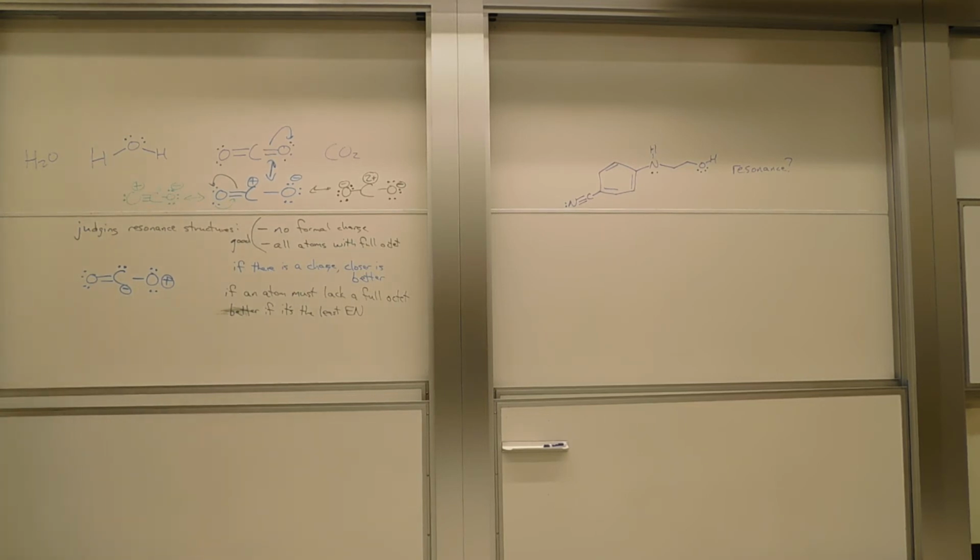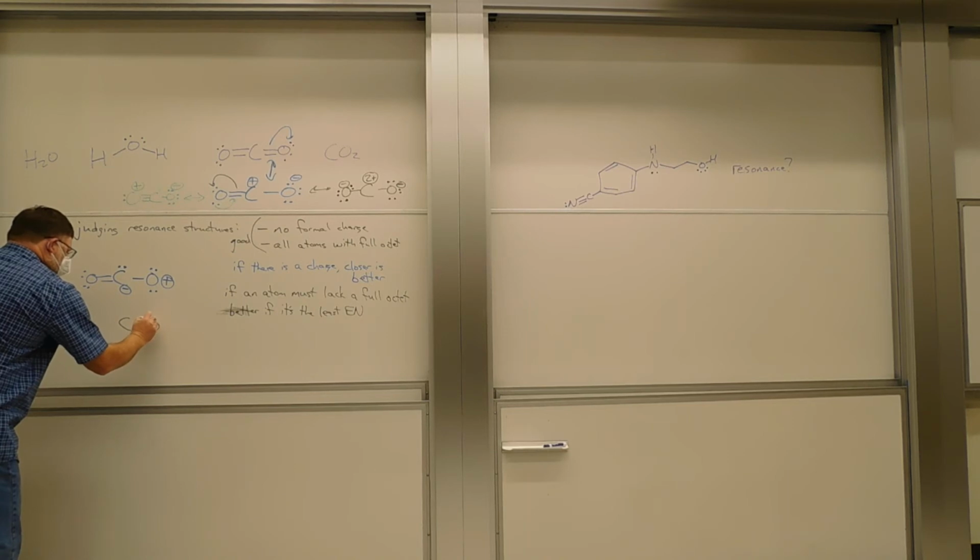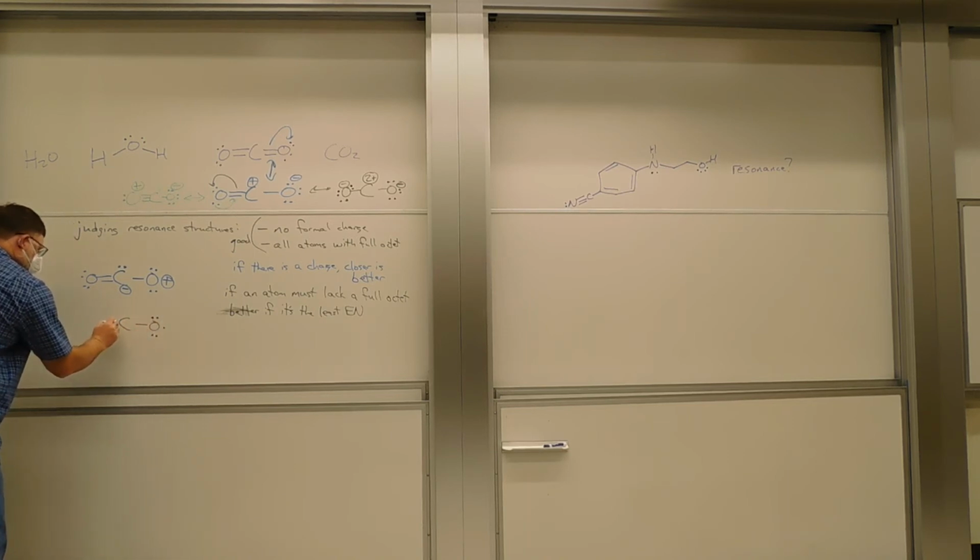So here's the other thing. If I just ask the question, draw a resonance structure for carbon dioxide, that works. You can also split electrons up. All right, that's a resonance structure of carbon dioxide.